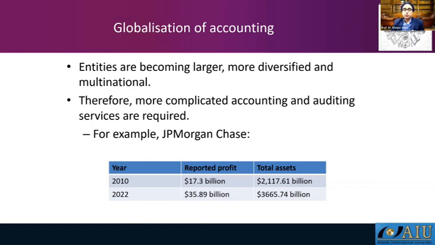Because of this globalized structure of the big companies, because of the multinational companies, and the impact this globalization has, the accounting processes have become more diversified across different countries. Like I told you before, the accounting process in China was different. Tax rules were different.